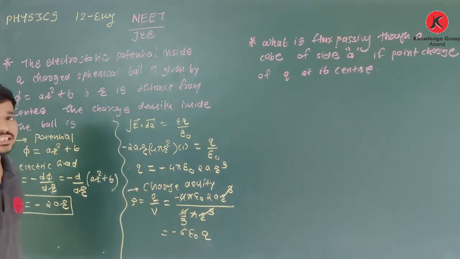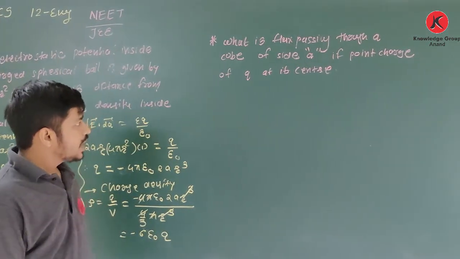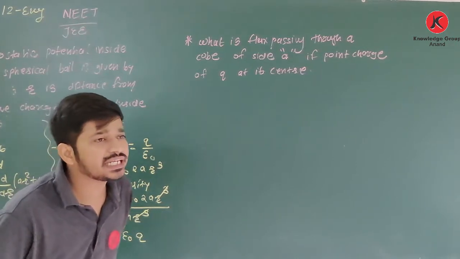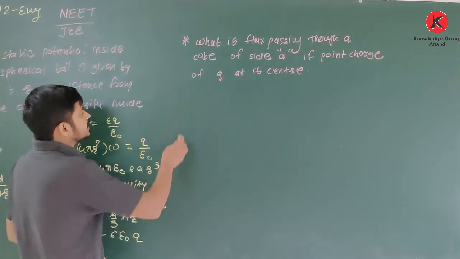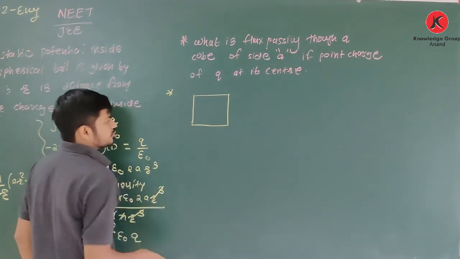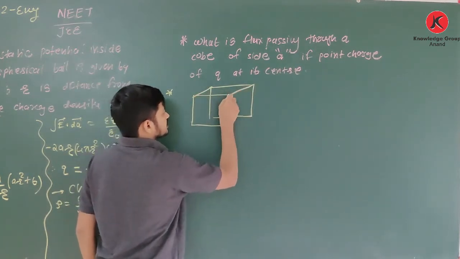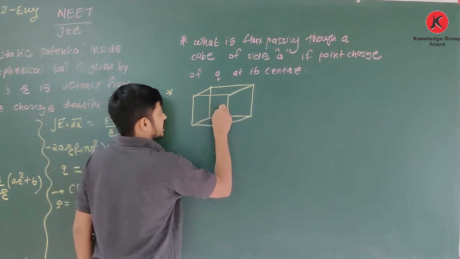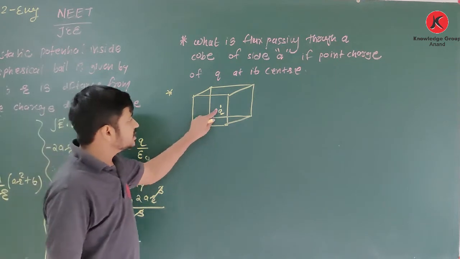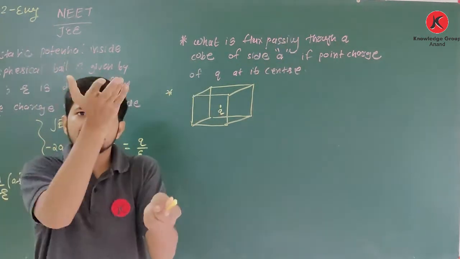Now next question: what is the flux passing through a cube of side A if a point charge Q is placed at its center? If the charge is placed at the center, this charge is enclosed by 6 faces.